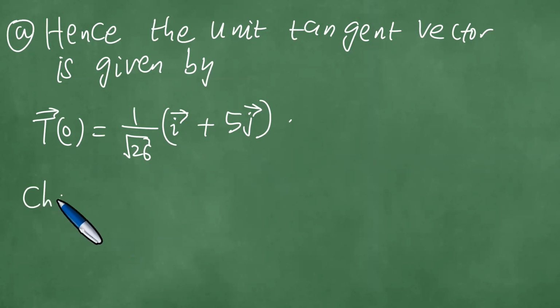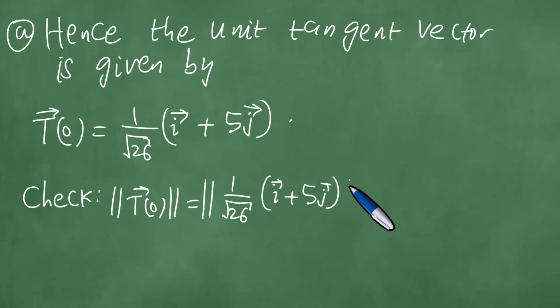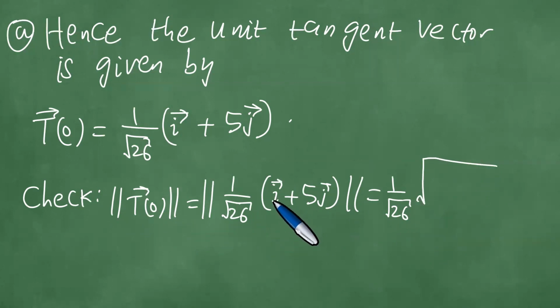You can do a check to see if this is indeed a unit vector. So you get its length. Getting the length of the vector will be 1 over the square root of 26 times i plus 5j, like this. And then you can take out the 1 over the square root of 26 because it's positive, and then you get the length of this vector. So the coefficient of the vector i is 1 squared plus 5 squared.